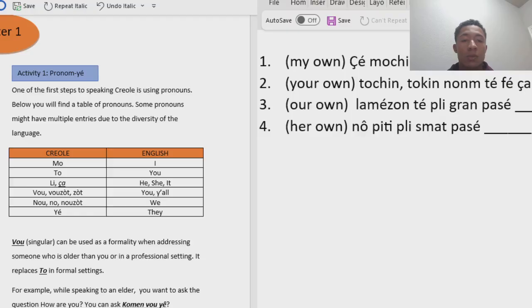Our own. La maison t'est plus grand passé. The house was bigger than. What would y'all say? Y'all got it. Now, remember this is our own or ours.